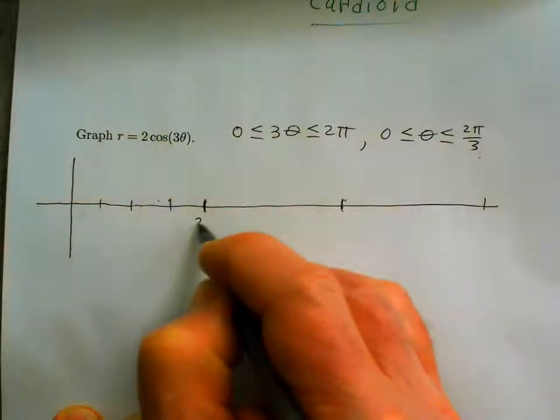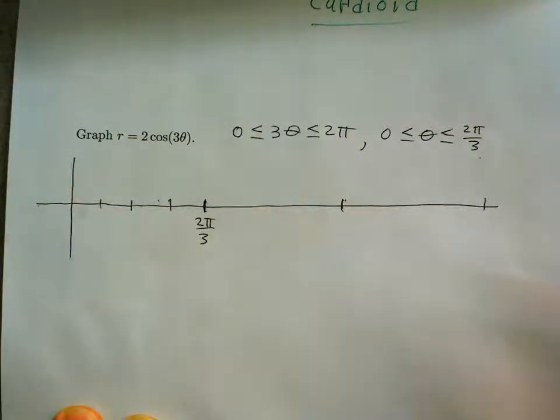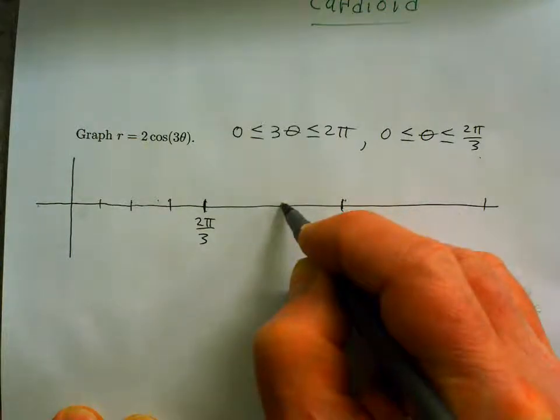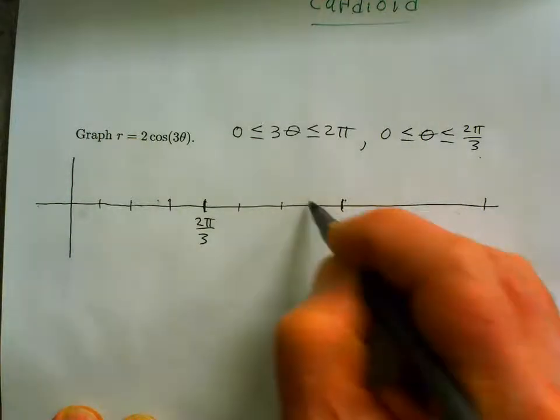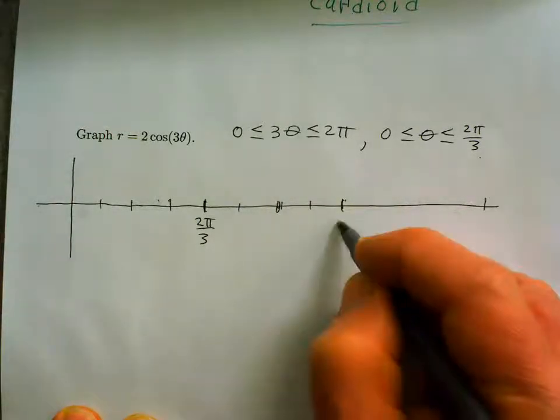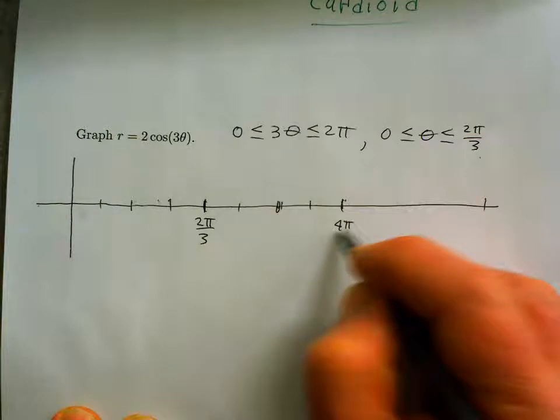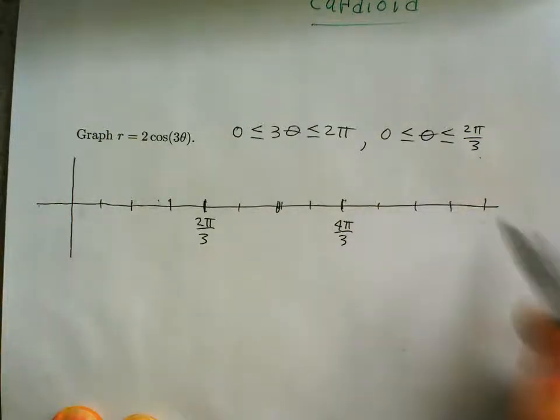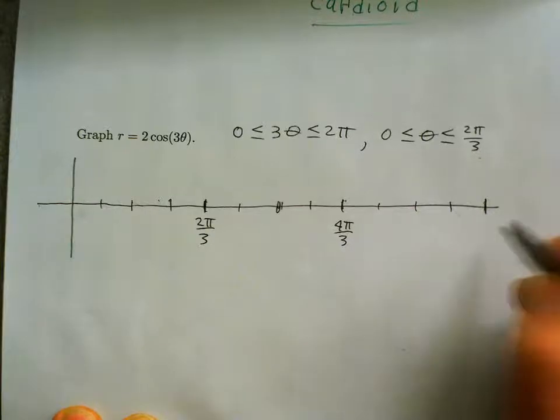So this one is 2 pi over 3. This one is 4 pi over 3. And then the last endpoint is 2 pi.